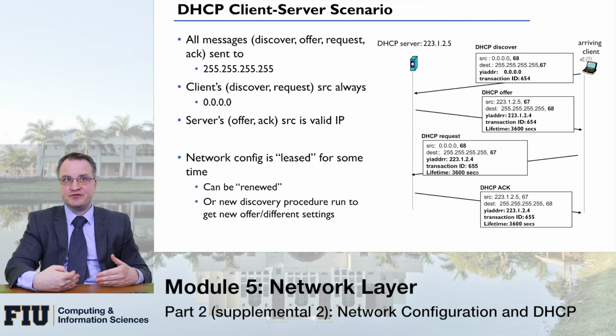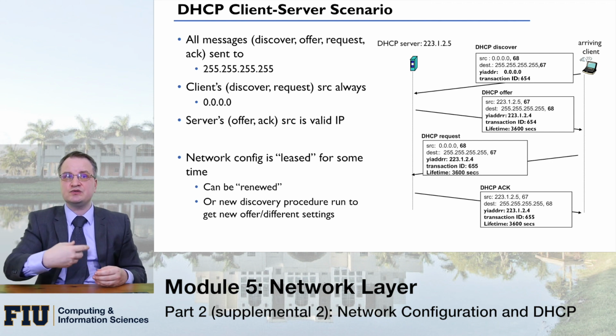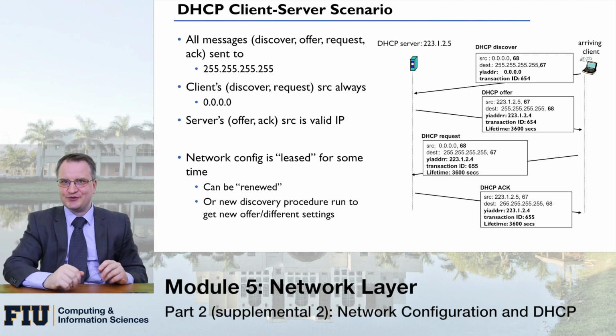Sometimes the system is configured to always give you the same IP address, maybe looking at the MAC address of your network interface, or it can give you an IP address for this hour, and the next hour when you try to renew, it may give you the same IP address or some different network configuration. It really depends on the specific settings.